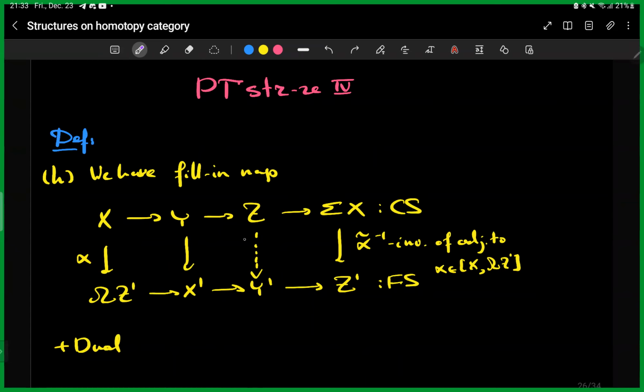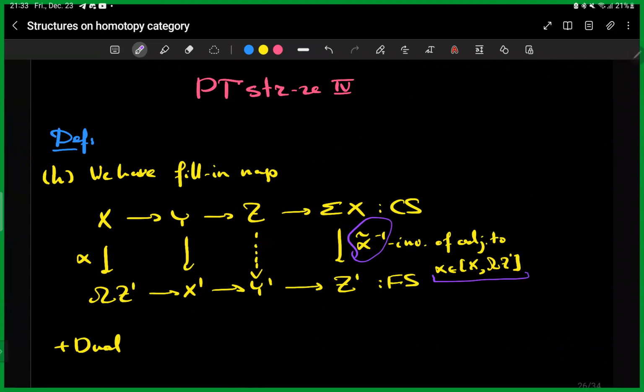Then this map from Z to Y prime should exist. And additionally, we require that this map here, alpha tilde -1, should be the inverse of the adjoint map to the map alpha, which belongs to this group.